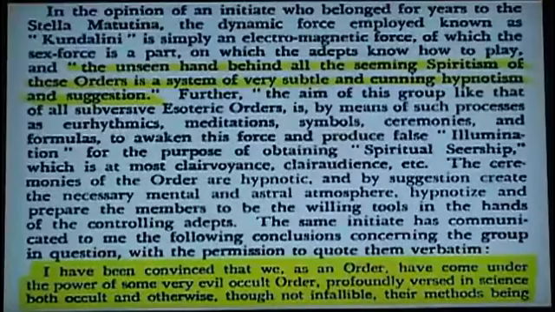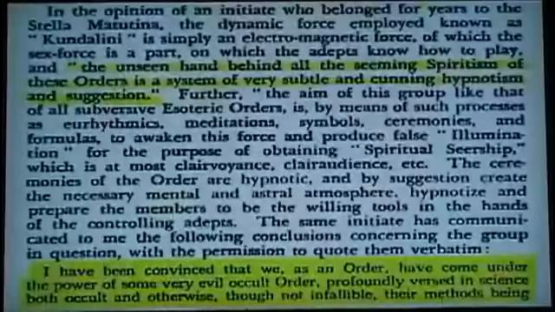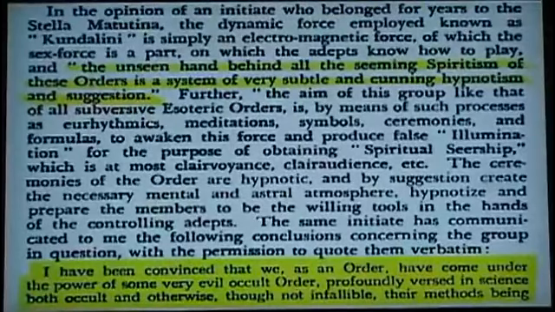She went on to say further that the aim of this group, like that of all subversive esoteric orders, is by means of such processes as eurythmics, meditation, symbols, ceremonies, formulas to awaken this force and produce false illumination for the purpose of obtaining spiritual seership, which is at most clairvoyance and clairaudience. The ceremonies of the order are hypnotic and by suggestion create the necessary mental and astral atmosphere, hypnotize and prepare the members to be willing tools in the hands of the controlling adepts.